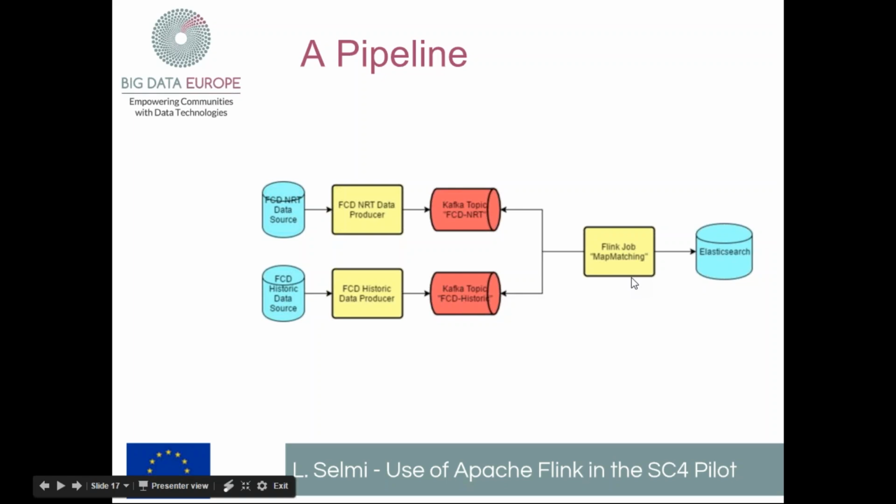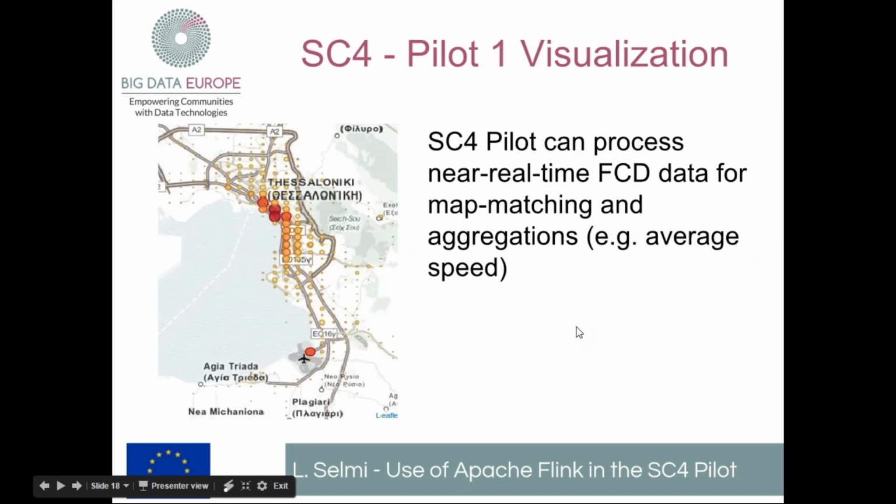And then everything will be sent to Elasticsearch using a connector from Flink to Elasticsearch. So this is just an image of the result that we have had using the first pipeline.